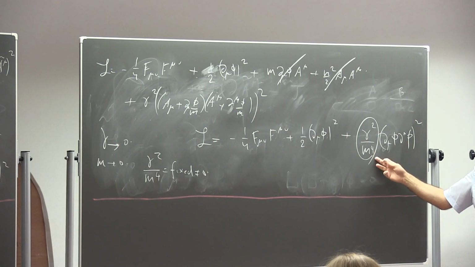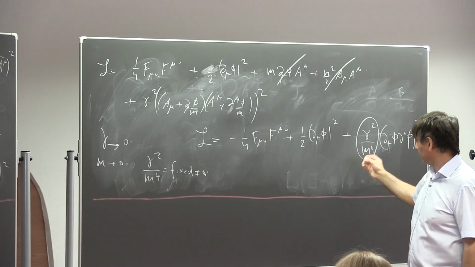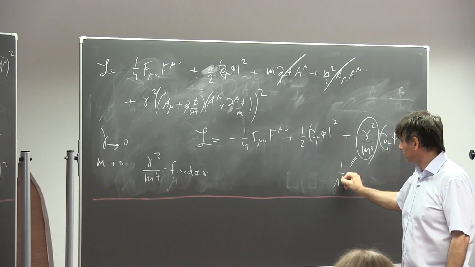Now this coefficient has dimensionality of the mass of the scale, right? So therefore I can call this 1 over lambda to the 4th.